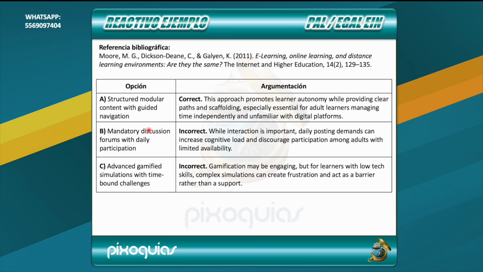While mandatory discussion forums with daily participation and advanced gamified simulations with time-bound challenges are incorrect, because first, while interaction is important, daily posting demands can increase cognitive load and discourage participation among adults with limited availability. And C is incorrect because gamification may be engaging, but for learners with low-tech skills, complex simulations can create frustration and act as a barrier rather than a support.